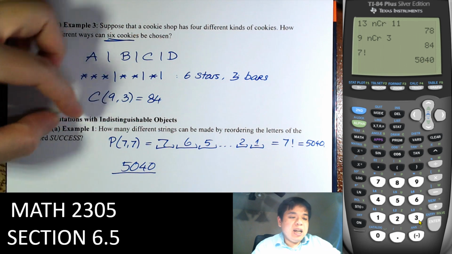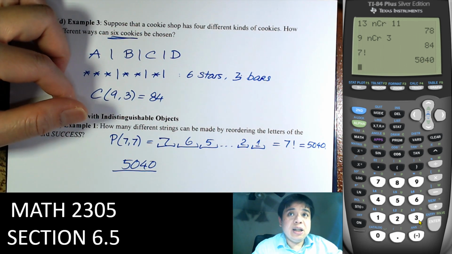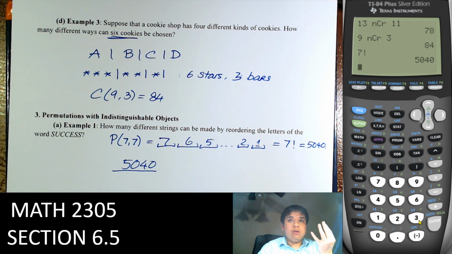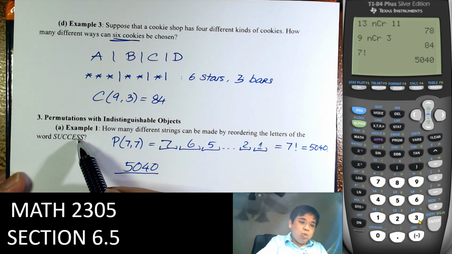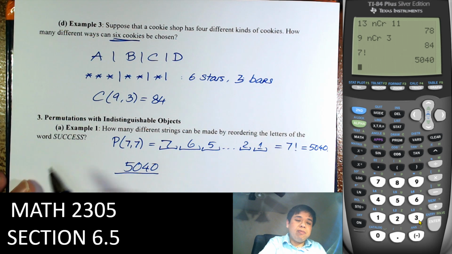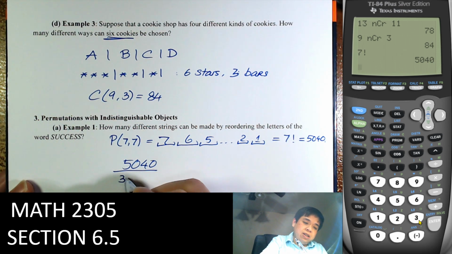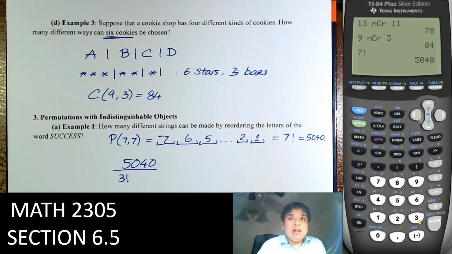Having said that, here we have 3 s's. The s's are the same when scrambled, so it doesn't really count as a different permutation, because if you switch this s with that s, it's still the same. So we have to divide by 3 factorial, because the 3 s's can scramble. We overcount, so we have to divide by those.